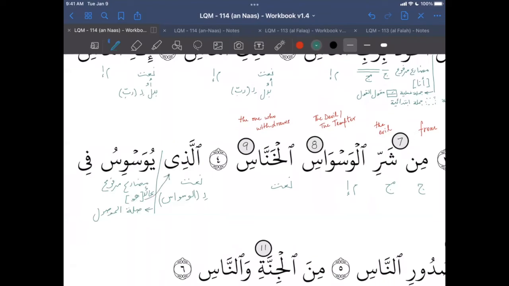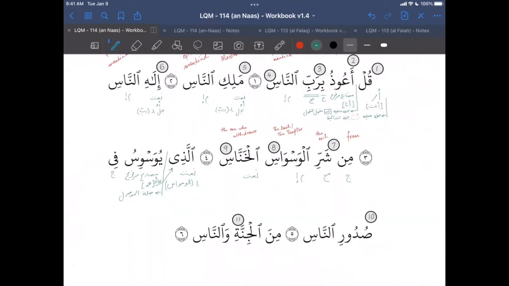A'id is the thing that returns back to the ismul mausul. Fi is harfu jar, sudur is ism majroor, and An-Nas is mudaf ilayhi. Alladhi yuwaswisu fi sudurin nas.